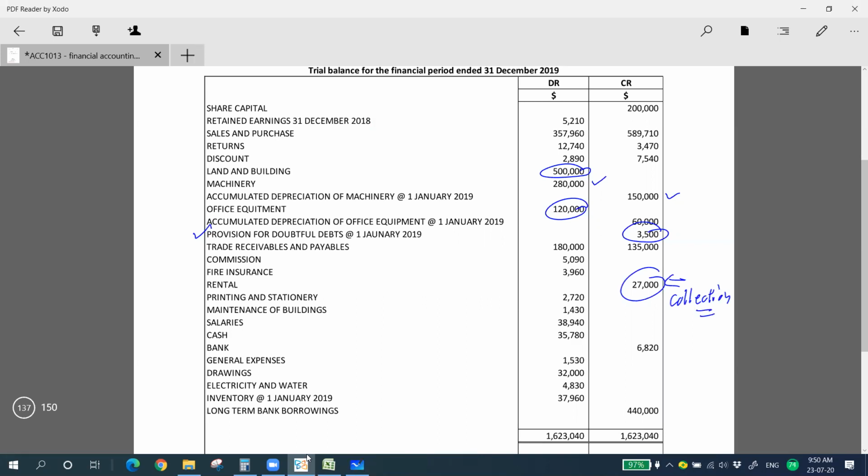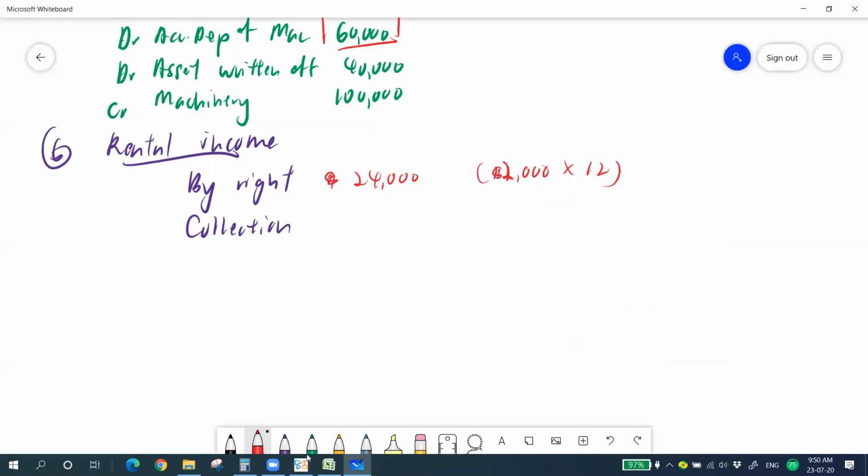So this year we have a 27,000 collection. It means that we have a 3,000 difference, right? So tell me, what is the nature of this 3,000 difference for the rental income? What is the nature for this 3,000?